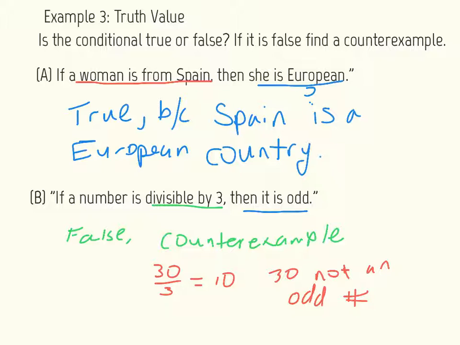So that means the statement is not going to always be true. When looking for counterexamples, you've got to make sure that every single instance it would be true. So in this case, 30 is divisible by 3, but it's not an odd number. So it's that kind of thing. Look for things that aren't true.